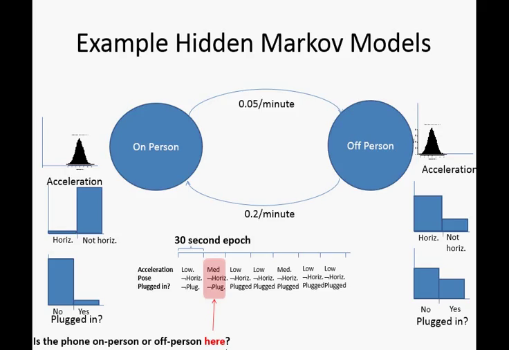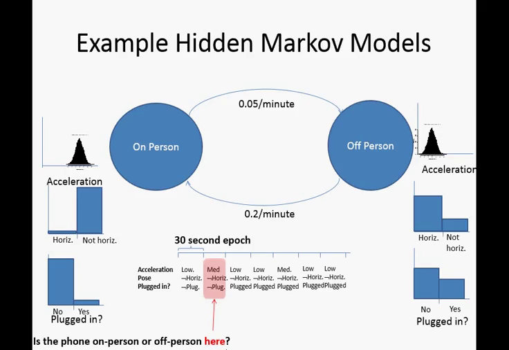It's not so fearsome, but it takes into account both your current observation and the distribution of probabilities you were in a given state in the last time point, and the transition probabilities.